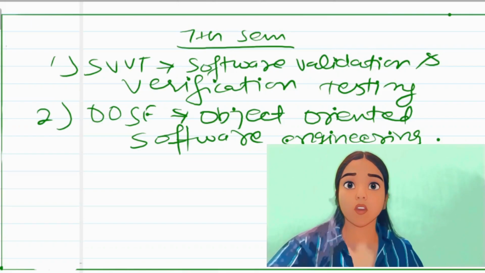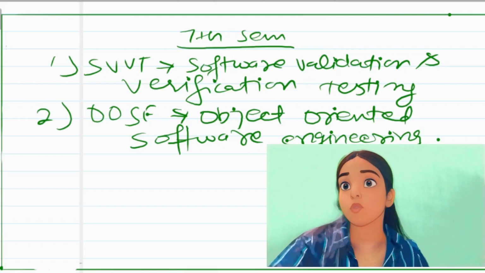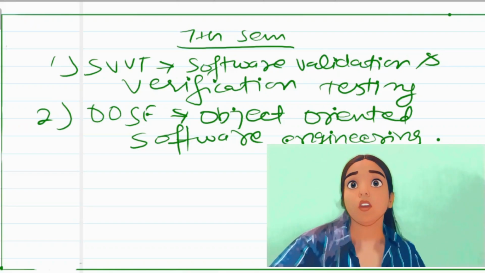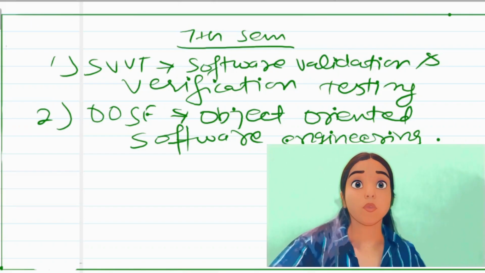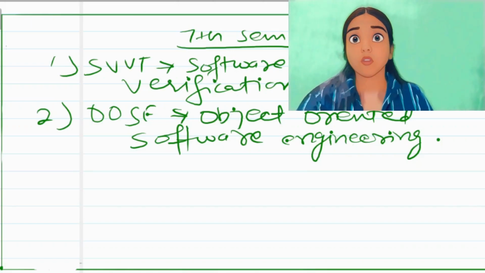But somehow it comes with some theoretical things from software engineering. It is having a little difference from OOPS. There is a difference between OOPS and OOSE, but it is important to study both of the subjects, and it always comes in the last year.